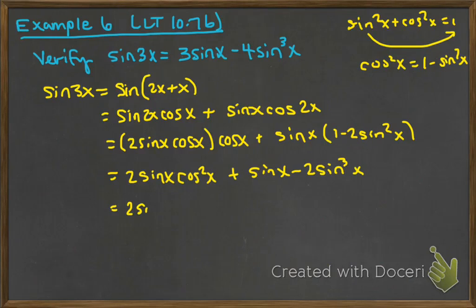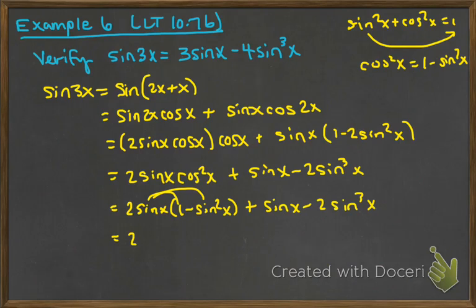So 2 sine of x times 1 minus the sine squared of x plus the sine of x minus 2 sine cubed of x. So now I distribute my 2 sine of x, giving me 2 sine of x minus 2 sine cubed of x plus the sine of x minus 2 sine cubed of x.